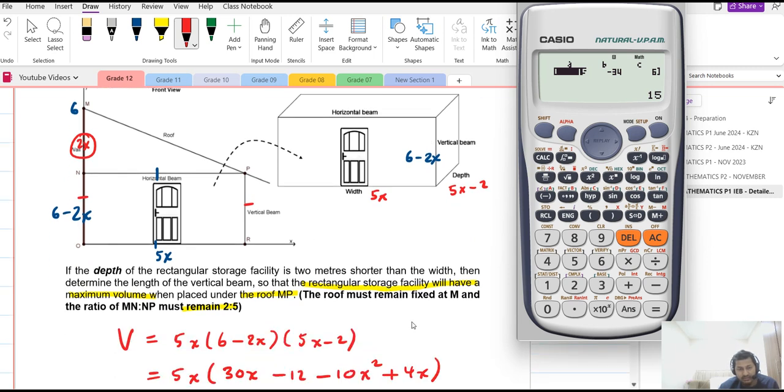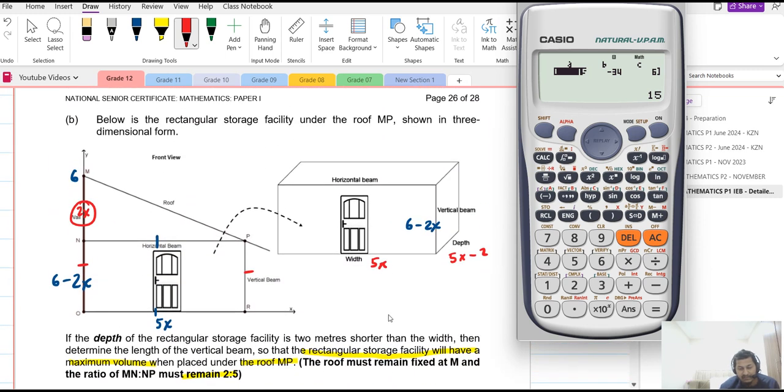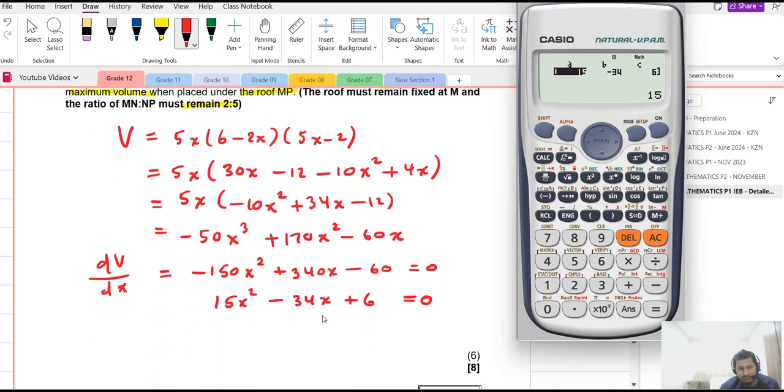Alright. Maybe I made a mistake here. Let's see, 30x, all that was fine. 5 times negative 10 is negative 50. 5 times 34 is 170x. 5 times minus 12 is minus 60.